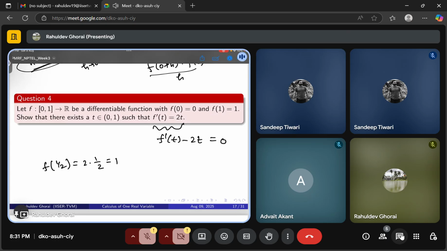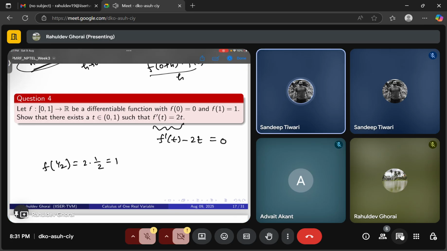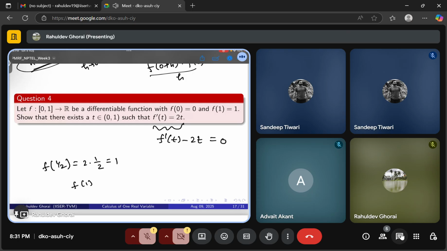So using the Lagrange mean value theorem, we must have some point where the derivative is 1. So f of 1 is equal to 1. F of 1 equal to 1, yes.